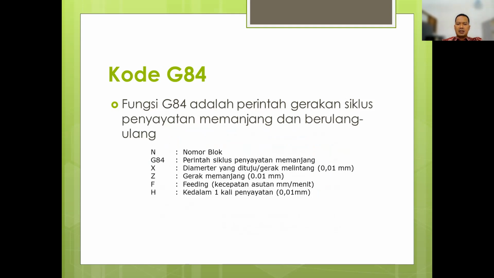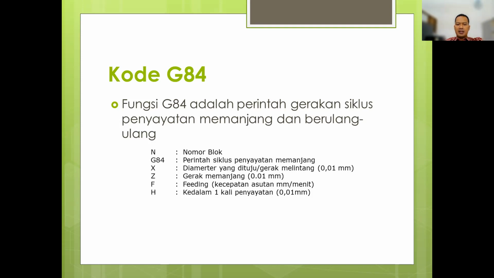If you do G01, you can write it in many lines, for example, G01 five times. So by using G84, you can write it in only one line of programming.